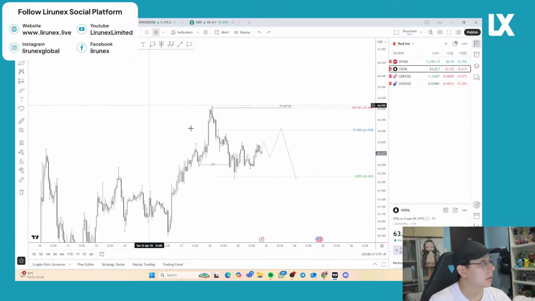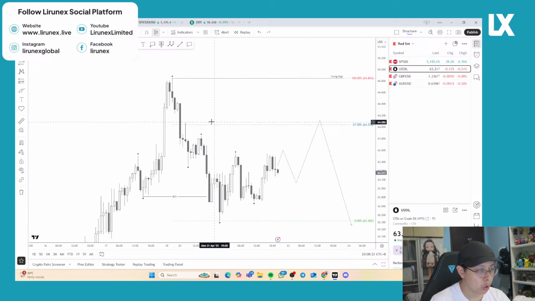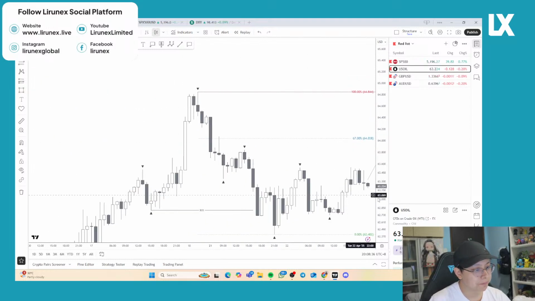Okay, now where can we identify that momentum push, right? Just now at the very start, I talked about this term fair value gap, FVG, right? Now from a technical perspective, what is the fair value gap? It's a 3-candle formation.